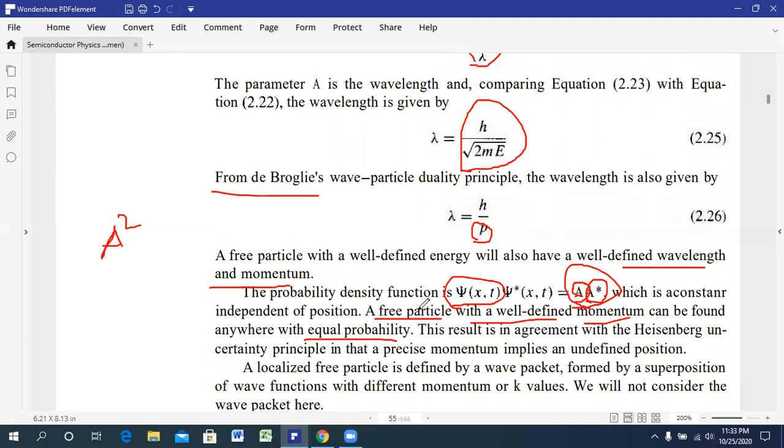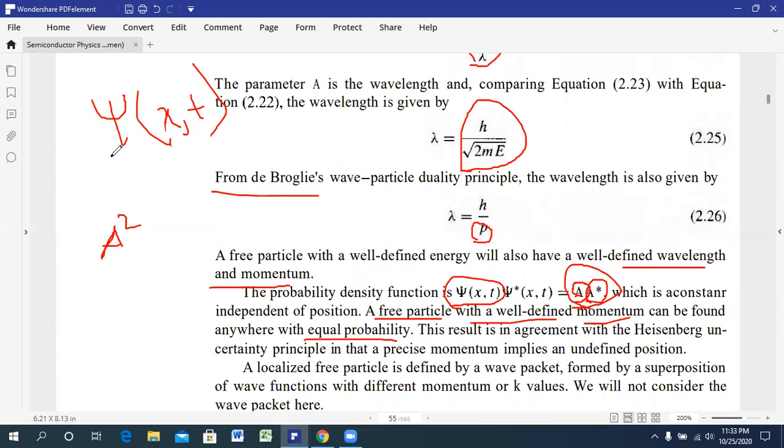Look, please do not forget, this is a fundamental question: what is psi of x of t? Psi of x of t is the probability function. That means this one is the probability for finding that electron, both in time and in space.